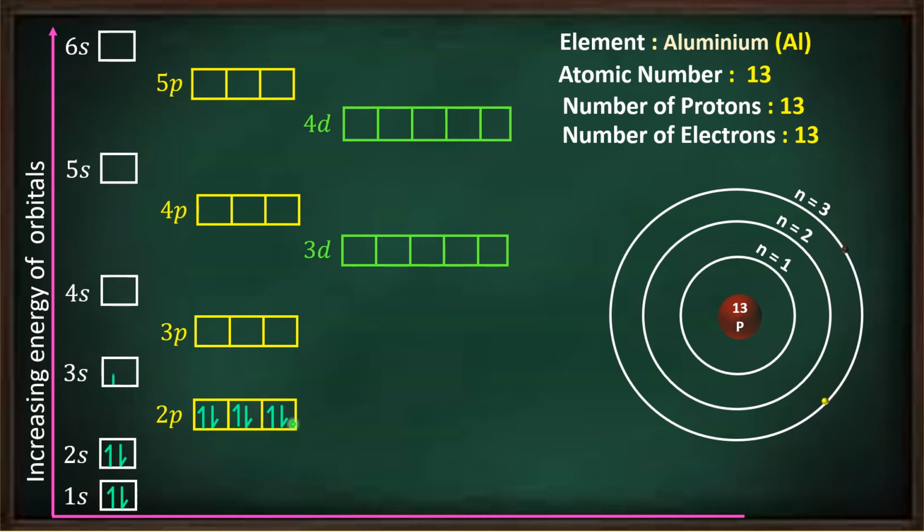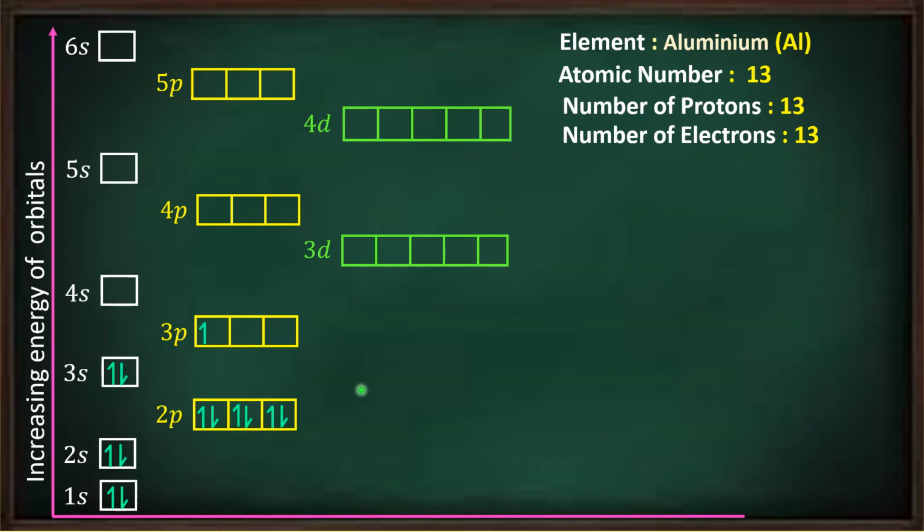So the 11th electron enters into this orbital, that is in 3s orbital. Next, 12th electron, say this one, pairs up with this electron in 3s, and the last electron, that is the discriminating electron, enters into 3p orbital, one of the empty orbitals of 3p. So totally 13 electrons have been filled.